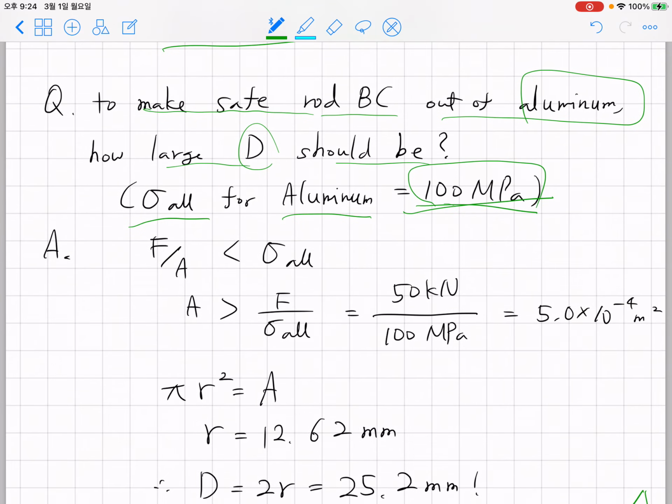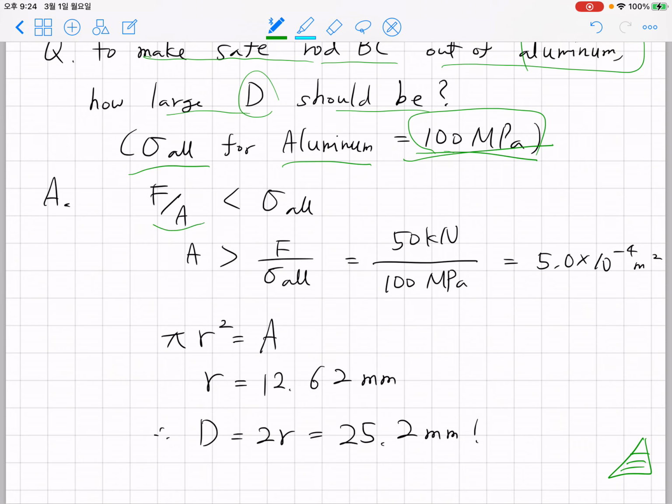Okay, so we have to solve one equation, which is our normal stress F over A must be smaller than the allowable, the guideline stress of aluminum. So if we massage this equation, A must be larger than F over sigma allowable, and F is 50 kilonewton out of a freshman physics statics problem, and the allowable stress is 100 megapascal.